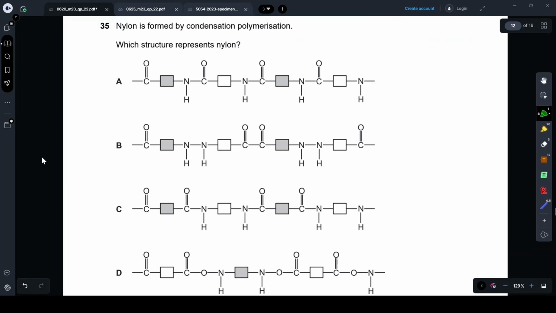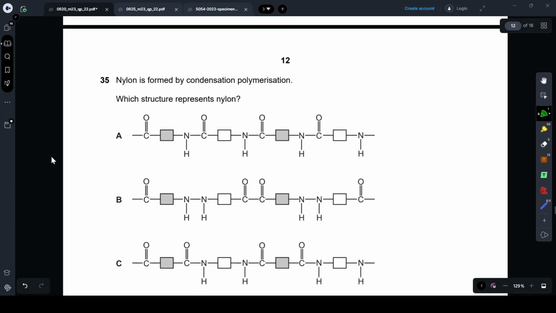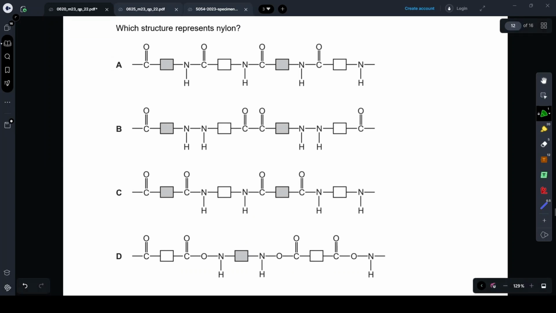Nylon is formed by condensation polymerization. Which structure represents nylon? Can you help us with this one? Okay, so what happens in nylon is that you are using a dioic acid and a diamine, right?